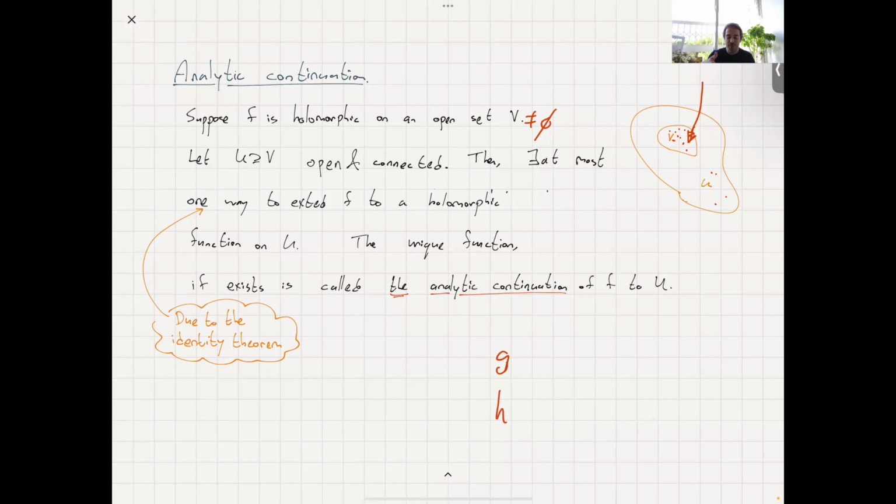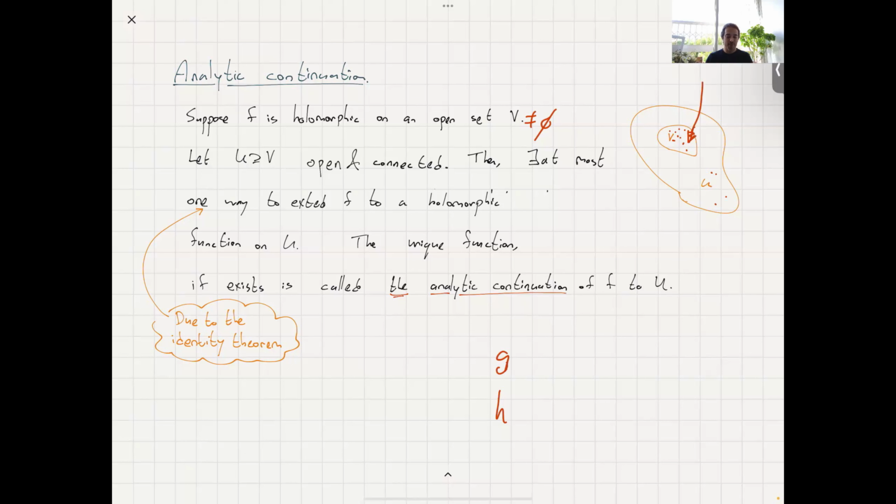Because they agree with F, they also agree with each other, and therefore they agree on an open set with an accumulation point, and therefore they agree on the entire set U, right? So there is only one way to extend F analytically, at most one way, and the unique function, if it exists, is called the analytic continuation of F to U. Okay.